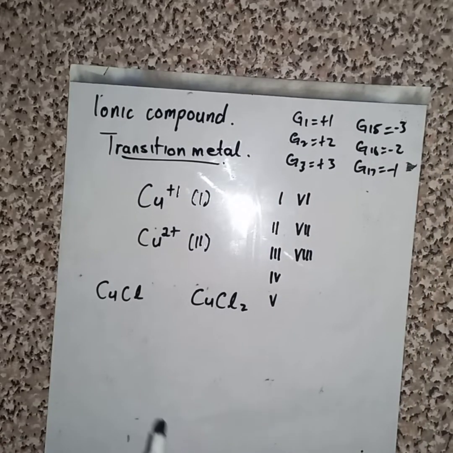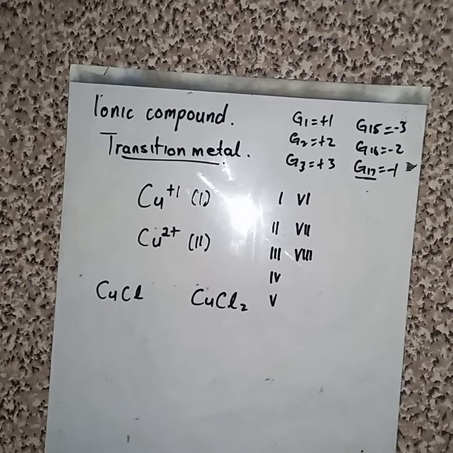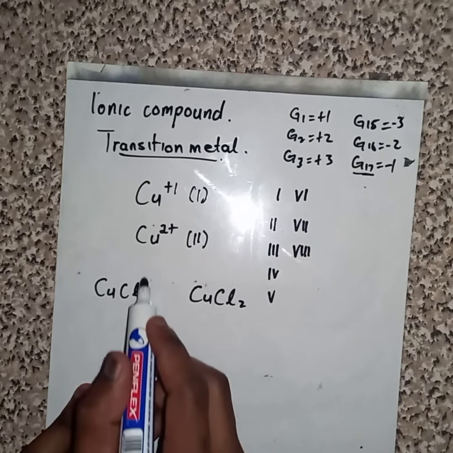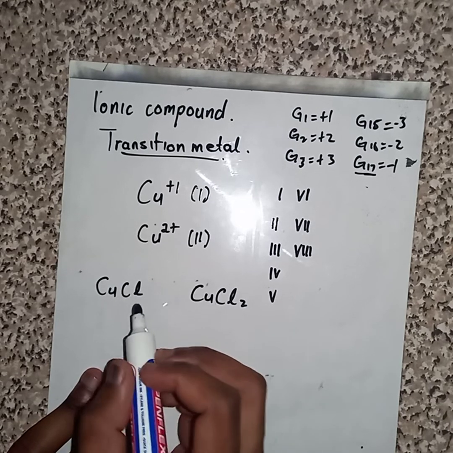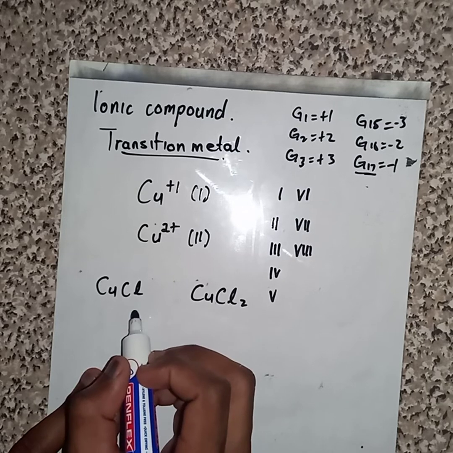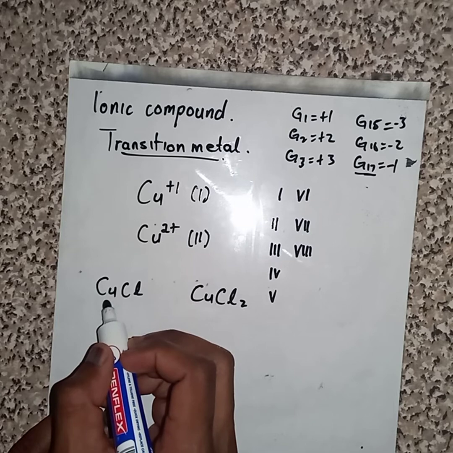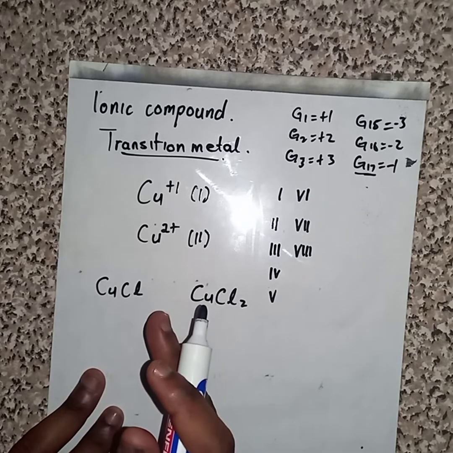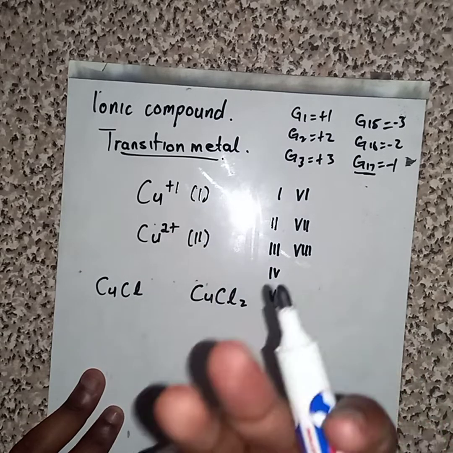We find chlorine in group number 17. From this given compound, we can clearly see that we only have one Cl. To tackle this question, you do it like this. Since copper is a transition metal, copper doesn't have a fixed charge. It can be like this or like this; it can vary.